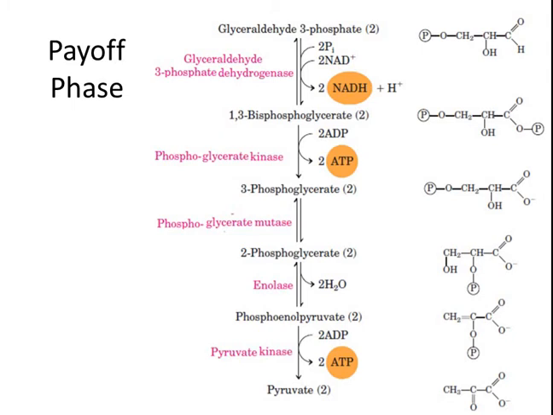The net yield is 2 molecules of ATP per molecule of glucose used in anaerobic conditions and 8 molecules of ATP in aerobic condition. The energy is also conserved in the payoff phase in the formation of 2 molecules of the electron carrier NADH per molecule of glucose. So friends, now we will learn each step in detail.